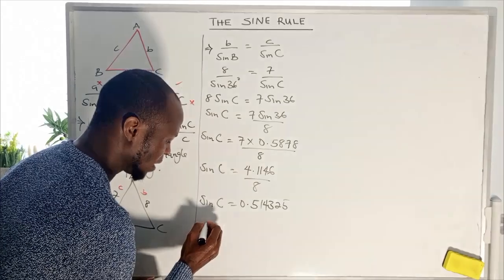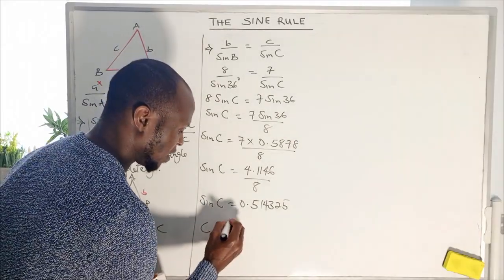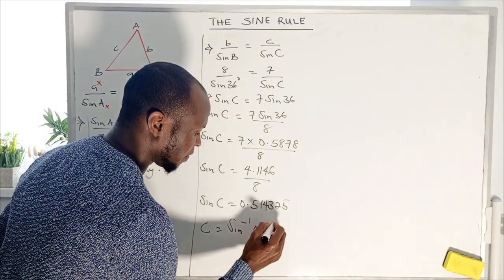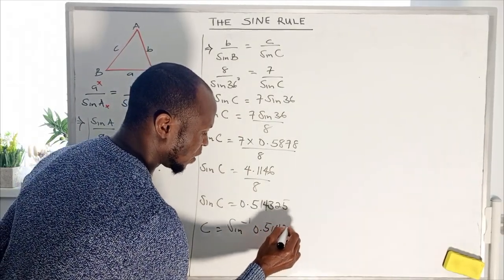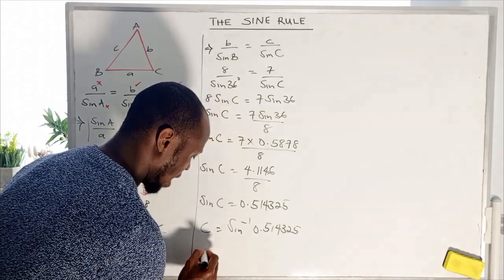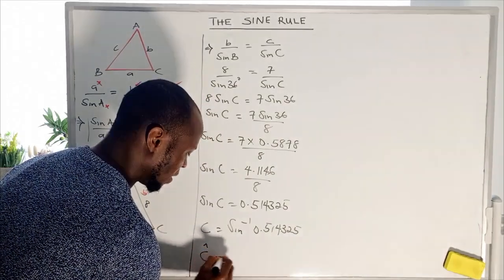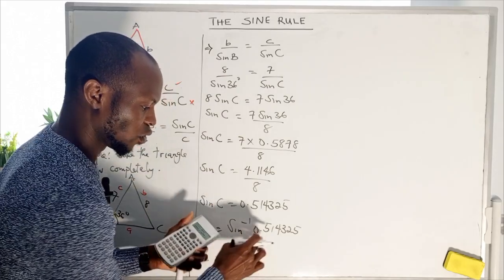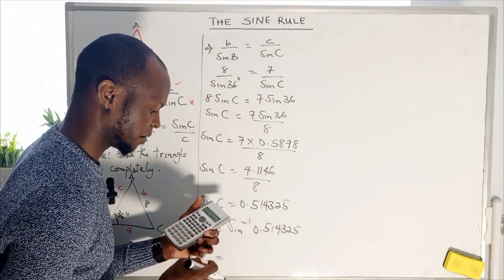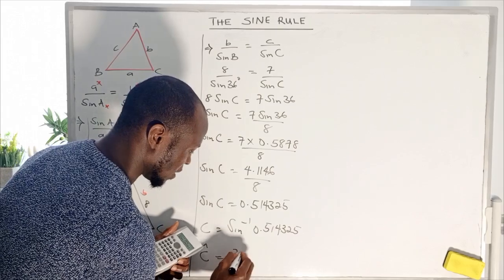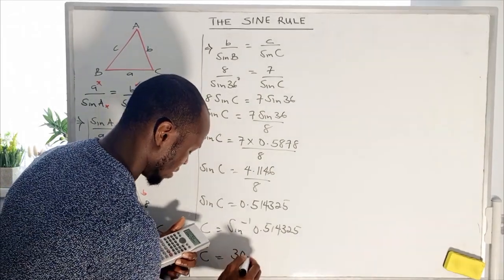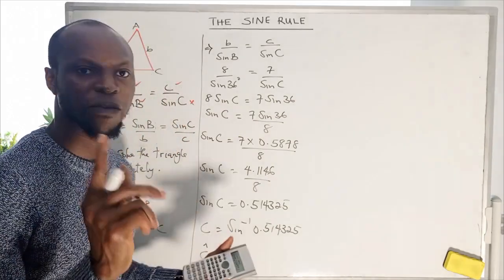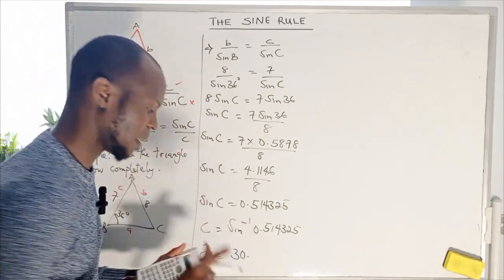So my angle C is equivalent to inverse of sine of 0.514325, and that will give us 30.95. Automatically, if you approximate, don't forget your angle should be in 1 decimal place.